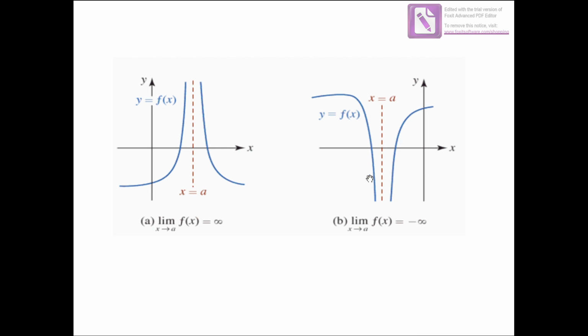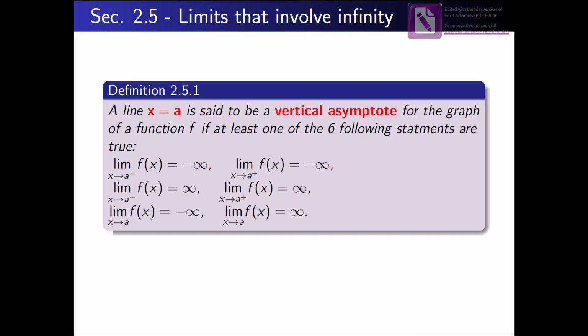Similarly for these two graphs, x equals a is a vertical asymptote. So if you want to find the vertical asymptote, you need to find the limit of a function where the result of the limit is either plus infinity or minus infinity. This will give you x equals a as your vertical asymptote.